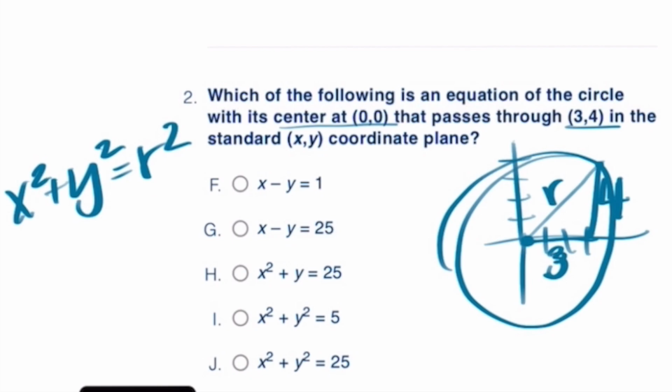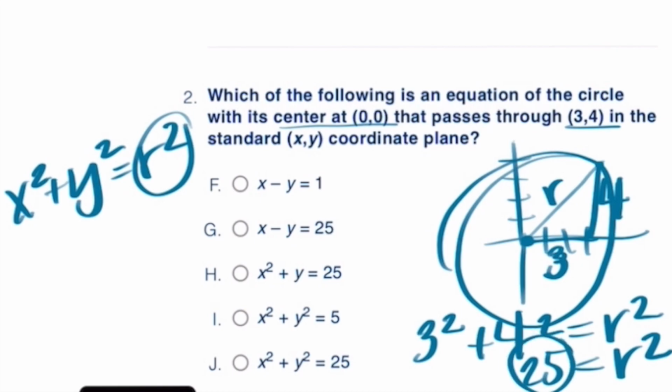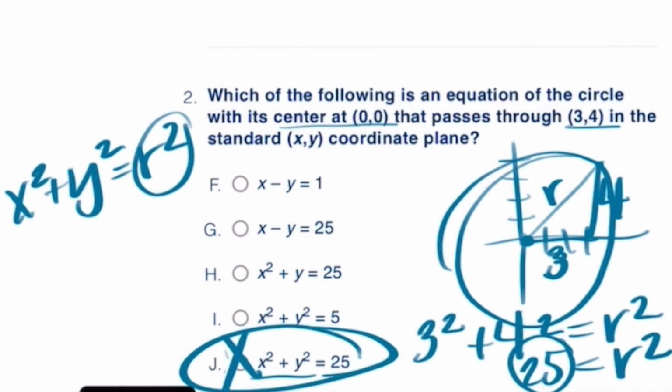So we can use the Pythagorean Theorem: a squared plus b squared equals c squared, with c being your hypotenuse, which is our radius in this case. So we get 3 squared is 9, 4 squared is 16, add them up to get 25, and then the square root, so the radius would be 5. However, we just want the equation, which would be option J.